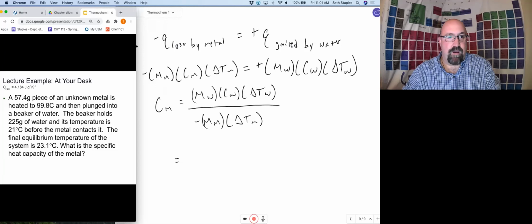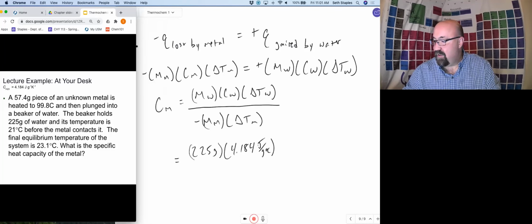And now we plug our numbers in. We have a mass of the water, 225 grams. We're given the C of water of 4.184 joules per gram degree C, and that's a number you'll probably just memorize by the time we're done. We're going to use it so often.